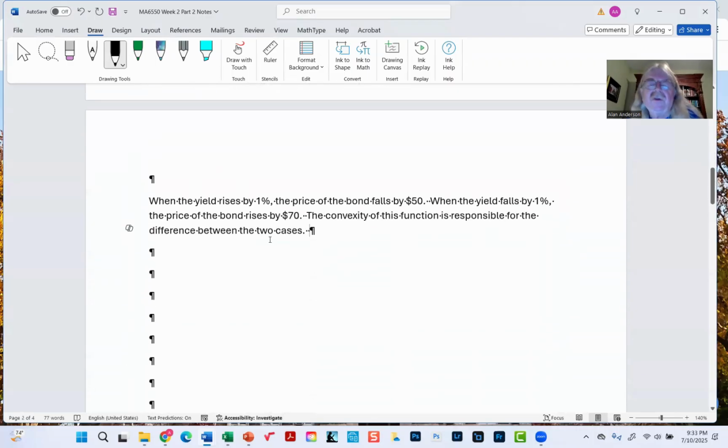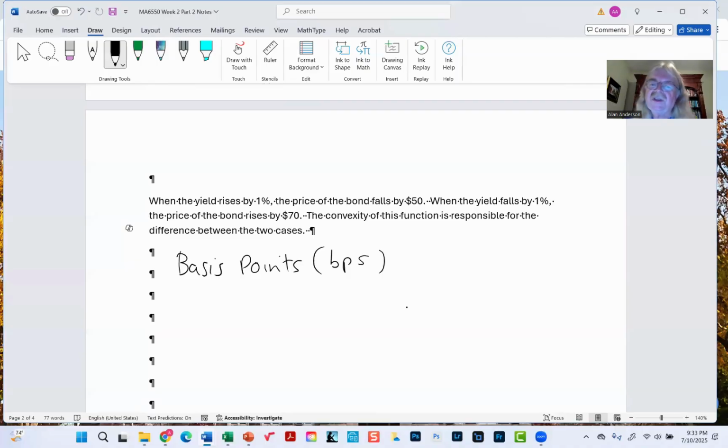One more thing I want to mention before we go any further is that percentages can be somewhat ambiguous. So there's another measure of changes in interest rates that we often run into in the financial markets, and that is this notion of basis points, or sometimes abbreviated BP or BPS.